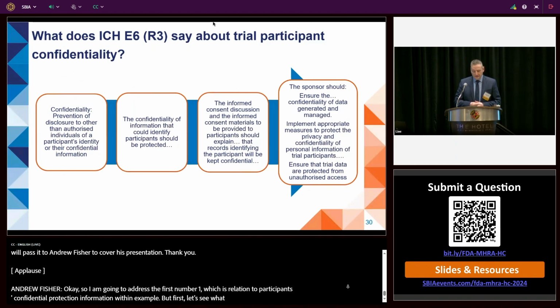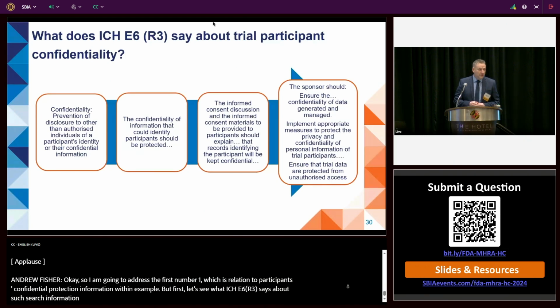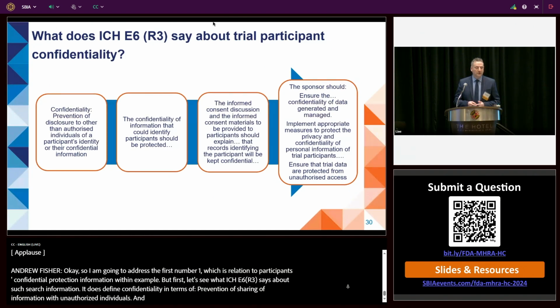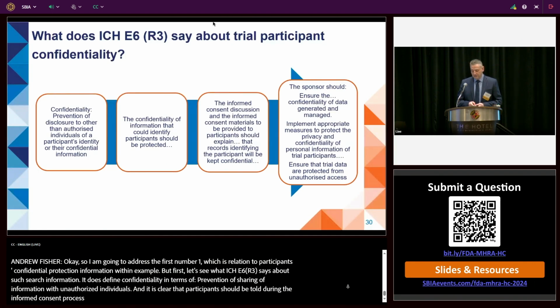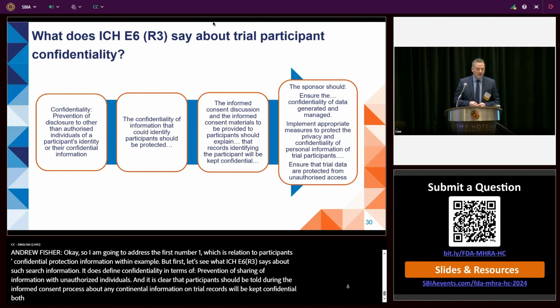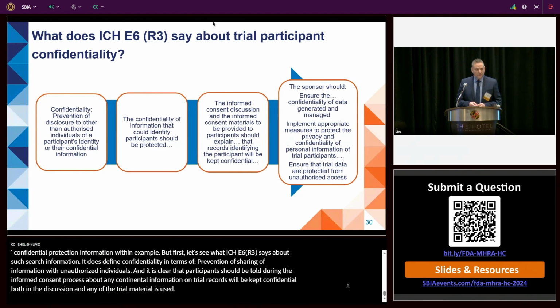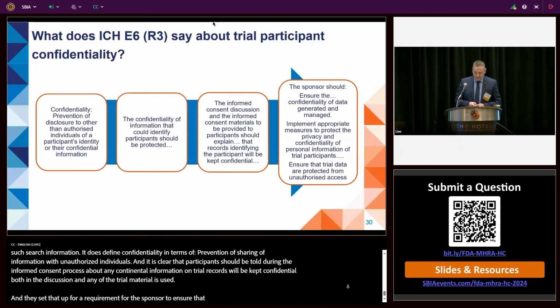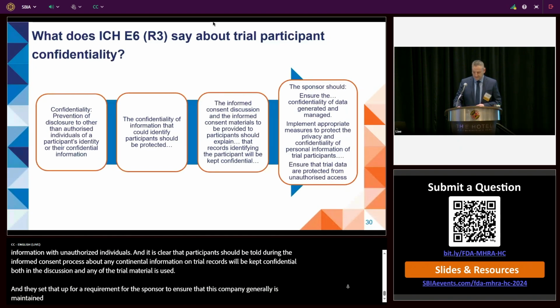It defines confidentiality in terms of prevention of sharing of information with unauthorized individuals, and it's clear that participants should be told during the informed consent process that any confidential information on trial records will be kept confidential, both in the discussion and in any of the trial materials used. It's therefore a requirement for the sponsor to ensure that this confidentiality is maintained and to implement appropriate measures to protect this information from unauthorized access.